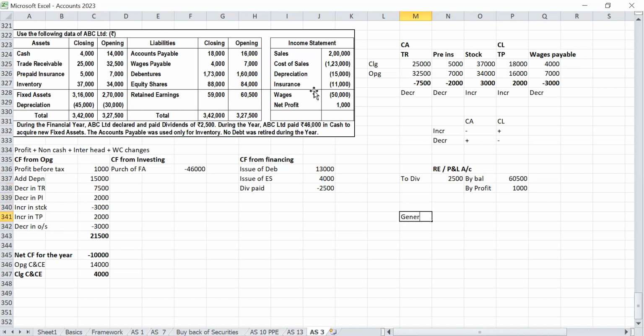Generally, dividend paid will not be deducted in net profit. In retained earnings, we do opening balance plus profit minus dividend. When you prepare the profit and loss account for the year, dividend paid will not be deducted.